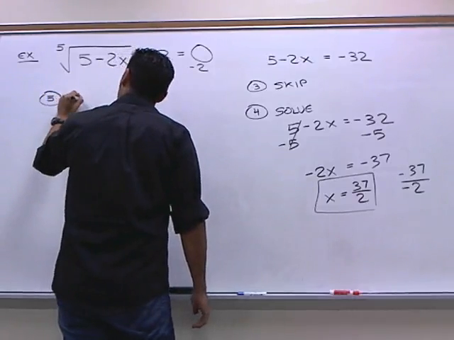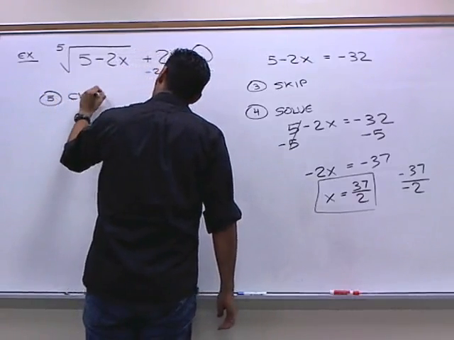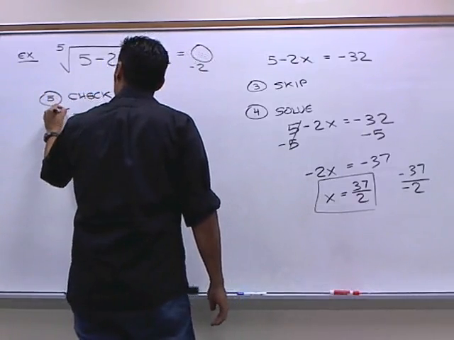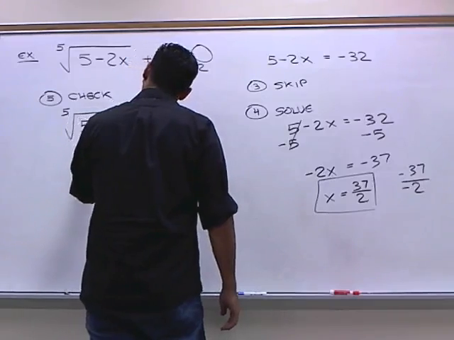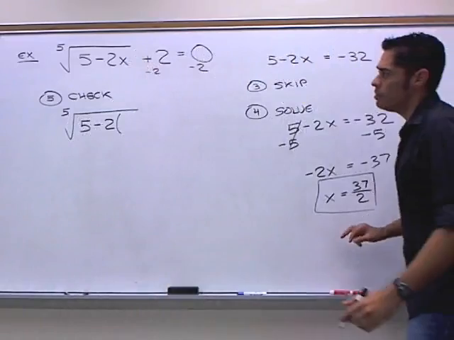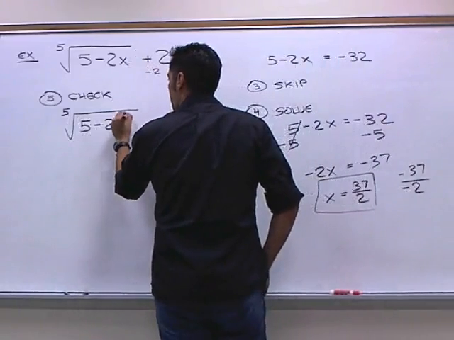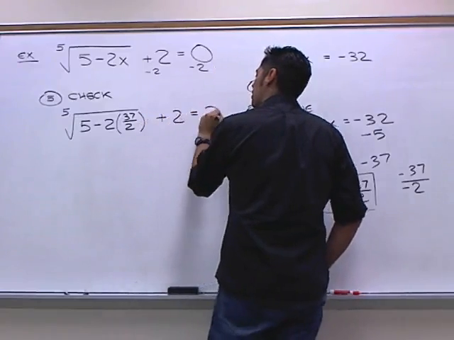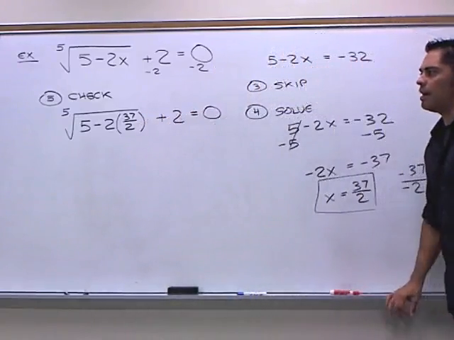So checking is fifth root of 5 minus 2 times, now my x is going to be 37 over 2, and then plus 2 equals 0. So that's what I'm trying to figure out, if that's true or not.